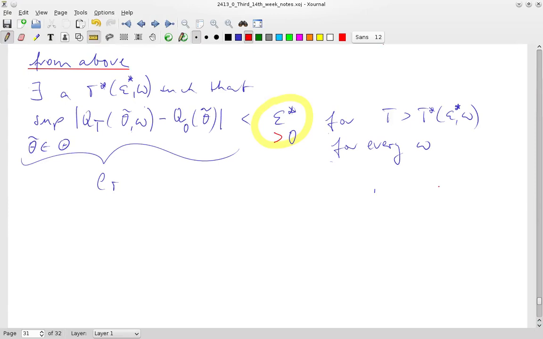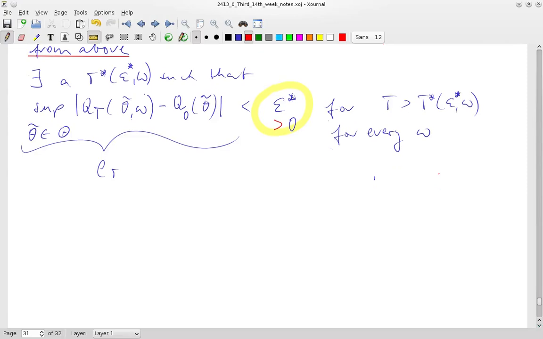Now, this was a definition of almost sure convergence uniformly, and now what we do for the consistency proof, we're going to make an intelligent choice of epsilon star. Now let me repeat what is standing here with an intelligent choice of epsilon star.